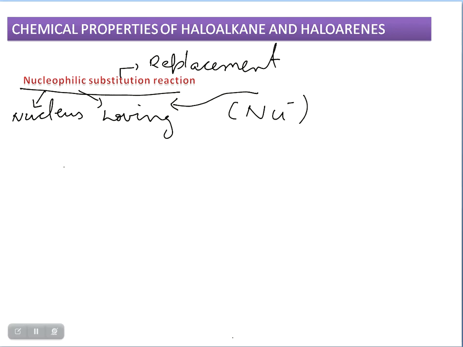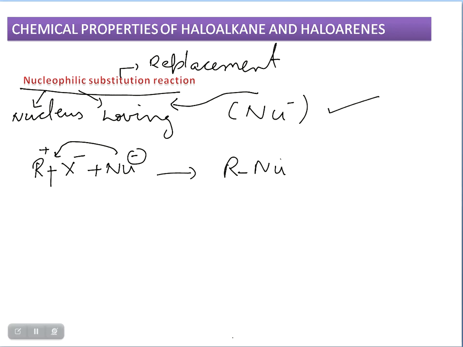Take the example of RX plus a nucleophile. This is the positive part and this is the negative part. It will come here and try to break the bond, and it will give R-Nu plus X minus.